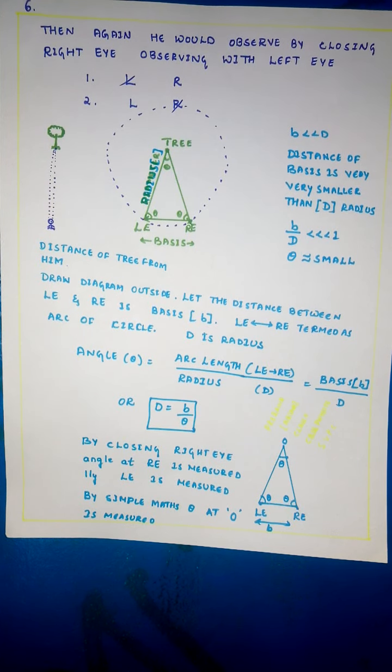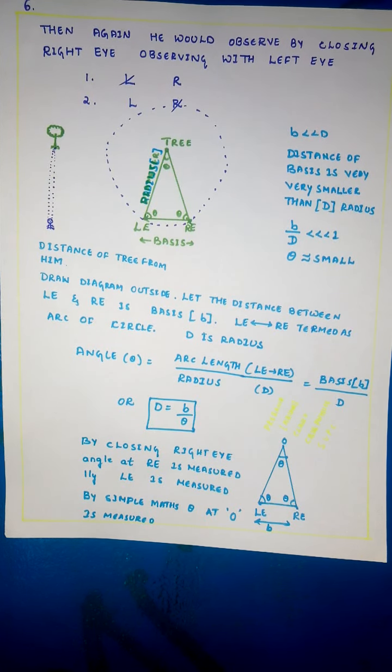In between the left eye and right eye we call it the basis, and the tree is somewhere, so we can take the distance as a radius. Here the basis B is very small compared to D, the radius.